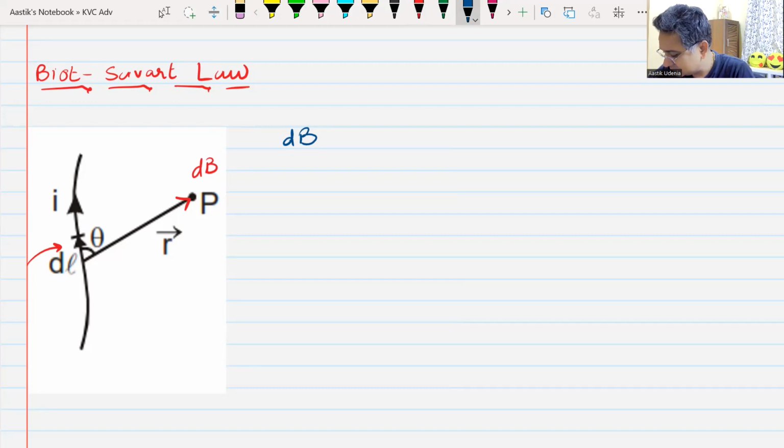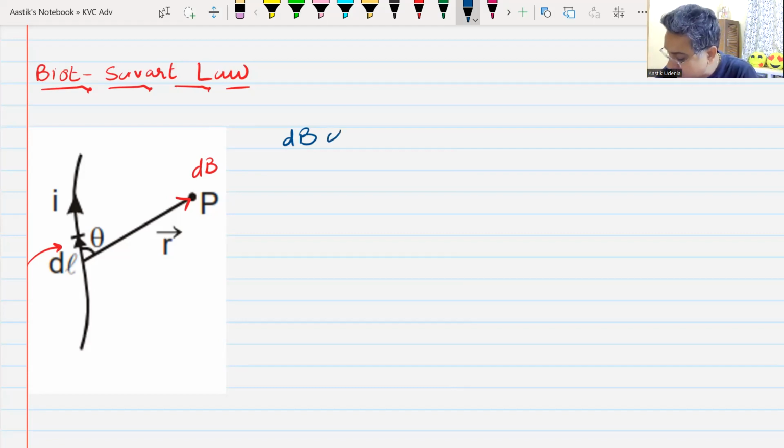Direction of the current. Talking about the magnitude of field, not the direction of field. Let us first talk about the magnitude, then we'll discuss the direction. Distance. Okay, and amount of current flowing in the wire.